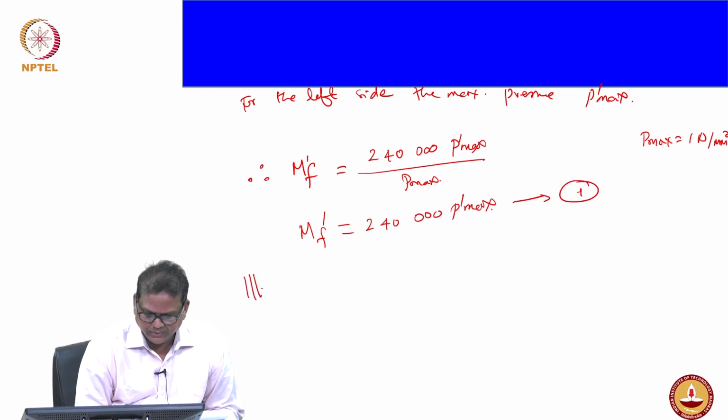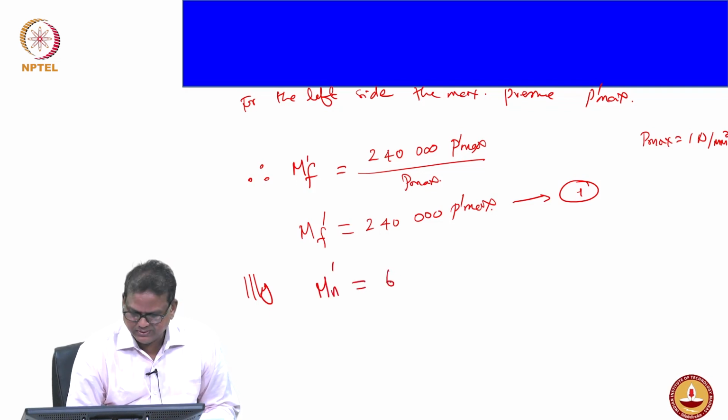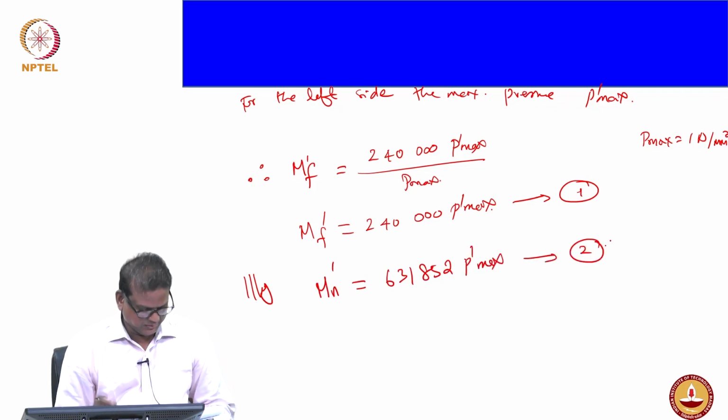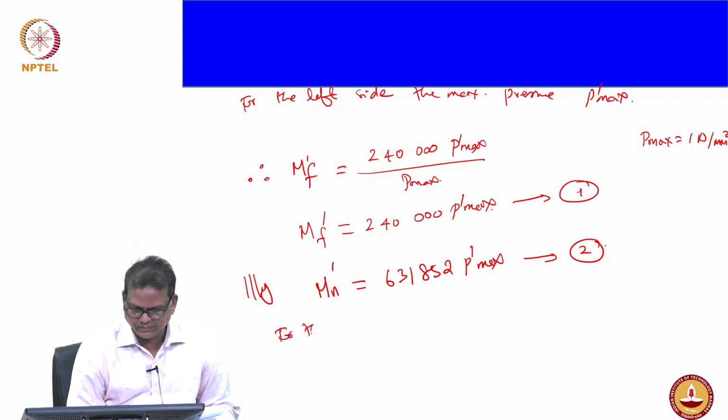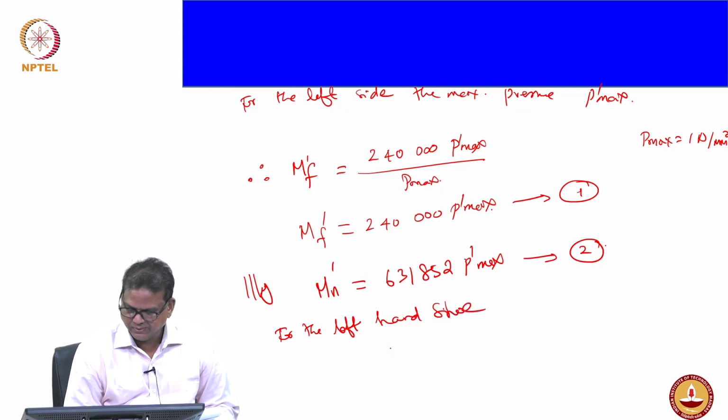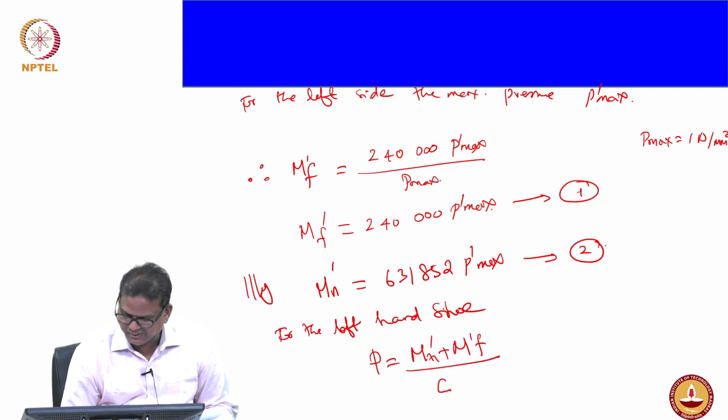Similarly, for Mn dash, Mn dash would be 631,852 P dash max, that is equation number 2. Okay, so for the left hand shoe, left side shoe, it doesn't matter, your P equals M dash F by C. This should be okay.